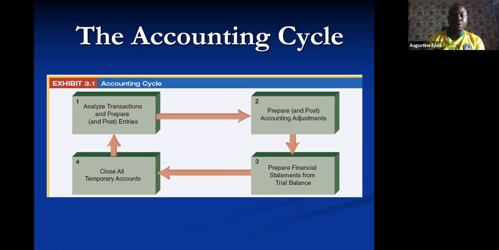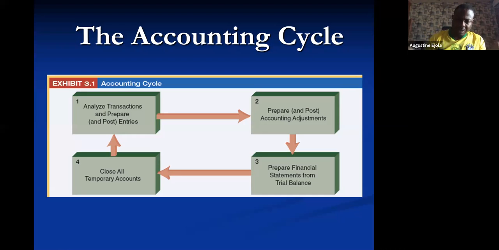At the end of the period, we will extract all the balances of these ledgers and put them on the debit side, those that are expenses and asset related, and on the credit side, those that are income and those that are capital in nature.